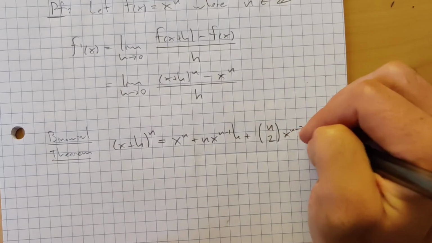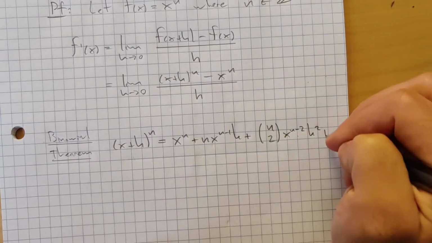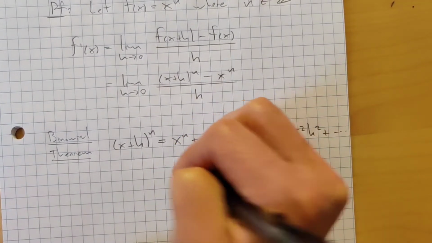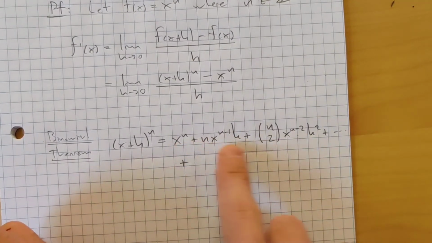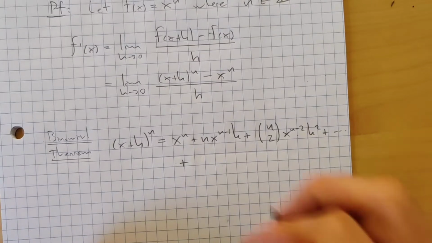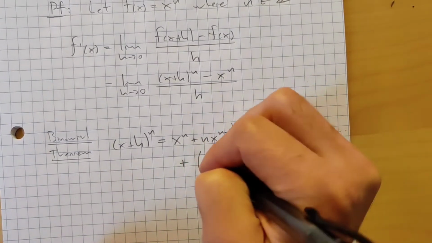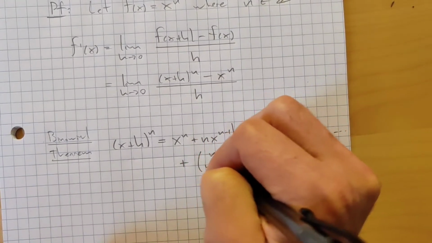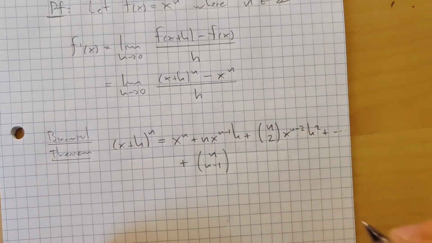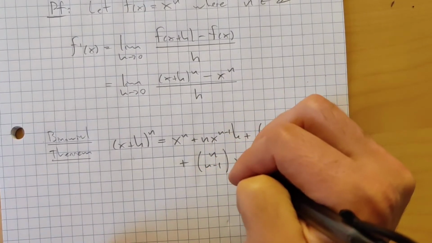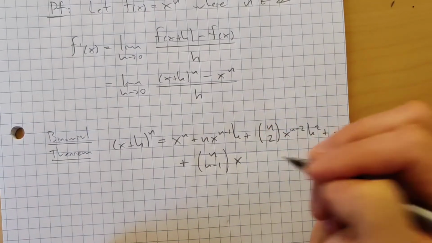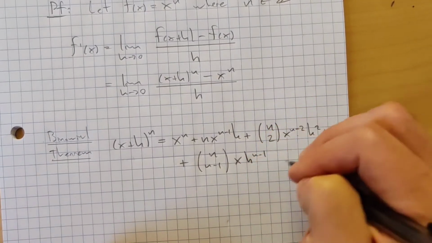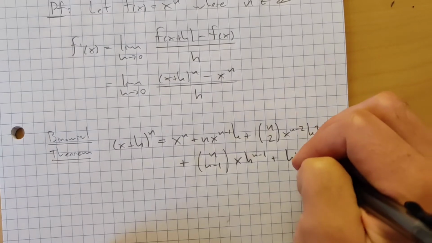Then the powers on x go down and the powers of h go up, plus blah, blah, blah, plus. It goes on through as all the powers of x go down and the powers of h go up, you eventually get to n choose n minus 1 times x to the power of, this would just be 1, right? h to the n minus 1, and then finally the last term is h to the power n.